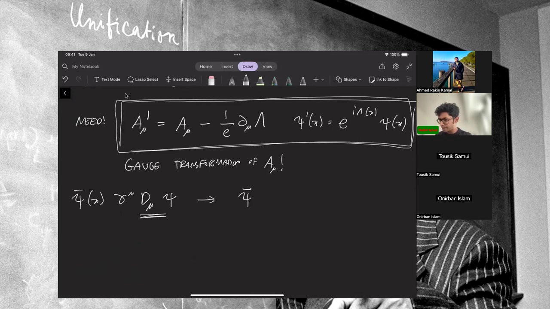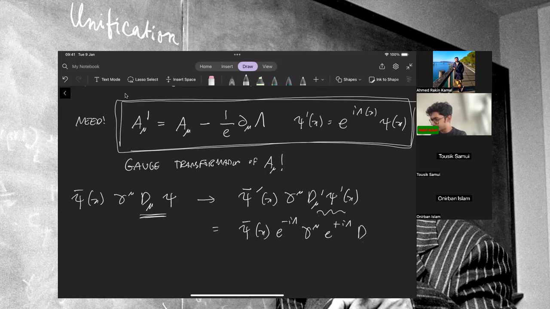This goes to psi bar prime of x times gamma^mu D_mu prime psi prime of x. And now under a gauge transformation, this is psi bar of x e to the minus i lambda, and this is a gamma^mu, and this is e to the plus i lambda times D_mu psi of x.